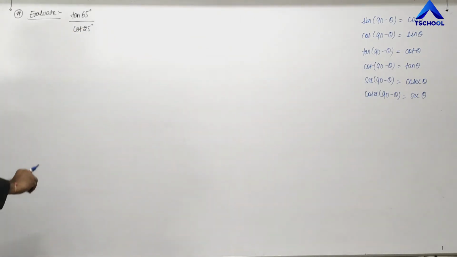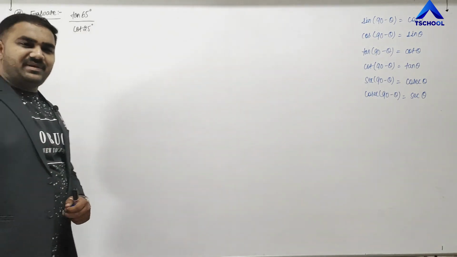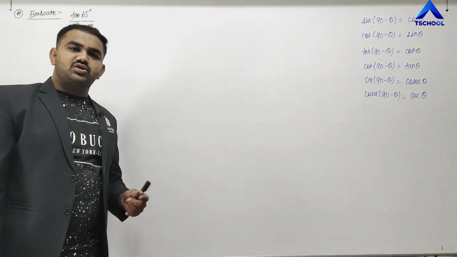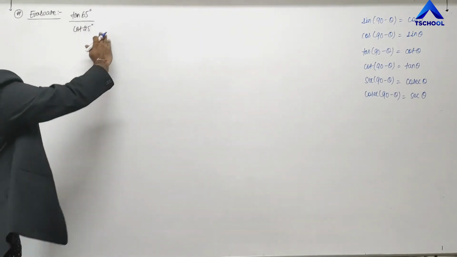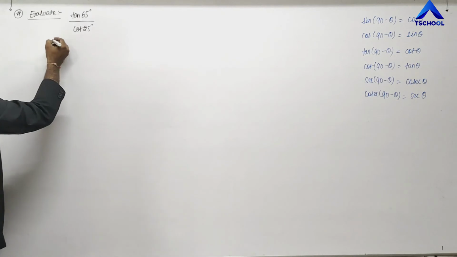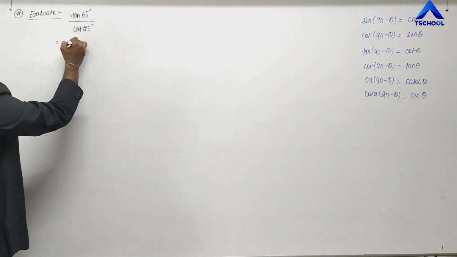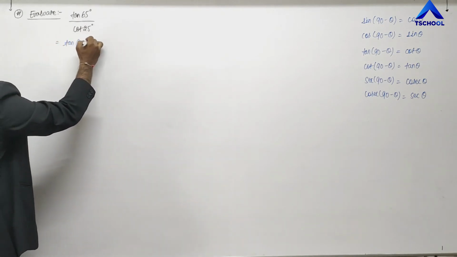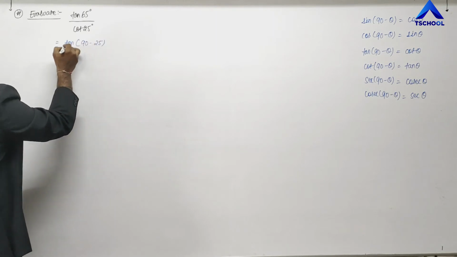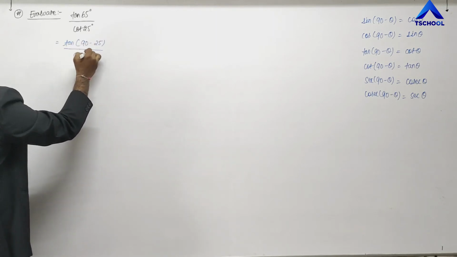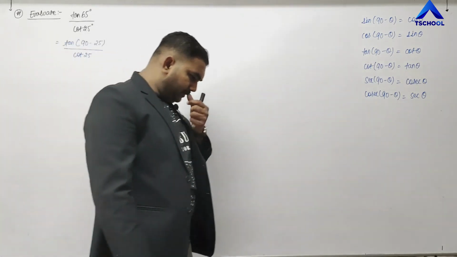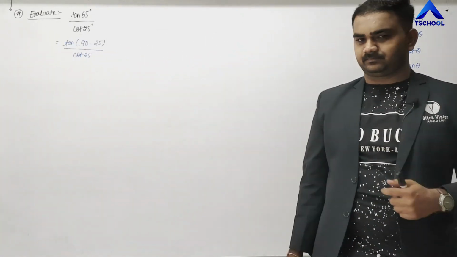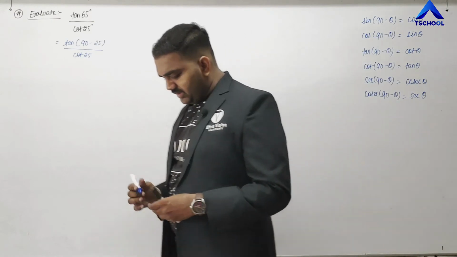Now when this kind of question is asked, make a habit of always solving the numerator first. The denominator we will keep as it is. So the solution starts like this: it is equal to tan 90 minus 25 upon cot 25. See, what did I do here?